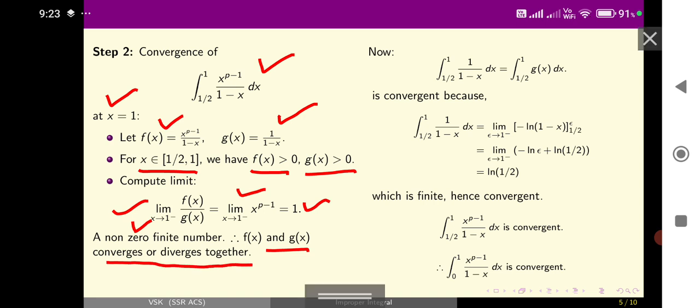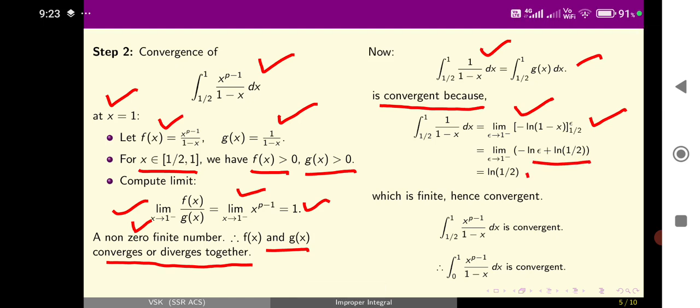Now the integral from 1/2 to 1 of 1 upon 1 minus x dx, that is, this is g(x). So the integral from 1/2 to 1 of g(x) dx is convergent. Why is this convergent? Because when we compute this using the definition, it is the limit as epsilon tends to 1 minus, and this integration is minus log of 1 minus x, and when we put this limit, finally as epsilon tends to 1, in this expression we get the value log 1/2, which is a finite non-zero number.